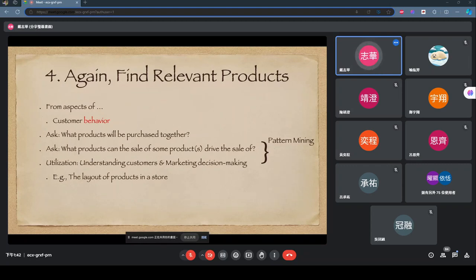And based on the common property, it will help us to design, for example, a proper promotion strategy for the specific group. So it will help us to make marketing decisions.